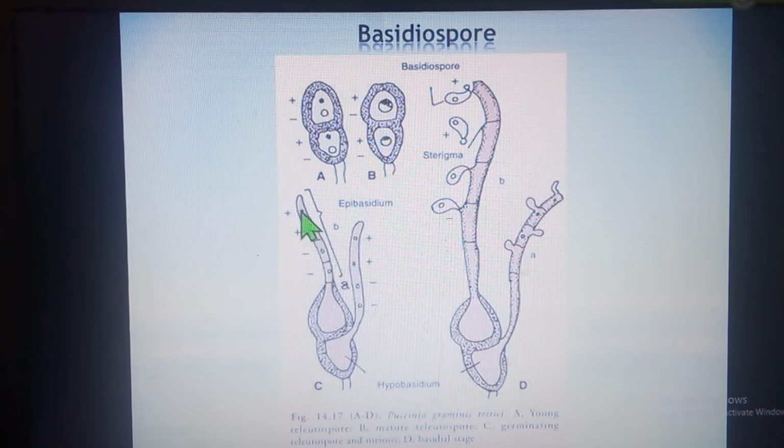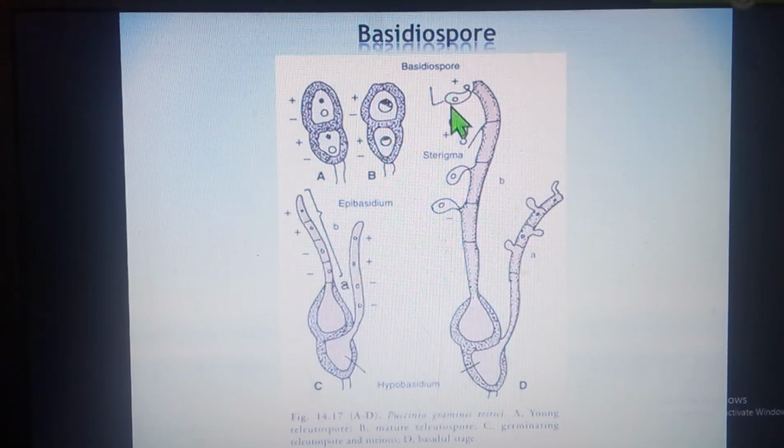Each cell will then develop a small projection, you can see here in figure C and figure E. This is the sterigma, through which the nucleus and the cytoplasm will push outside and develop basidiospores.